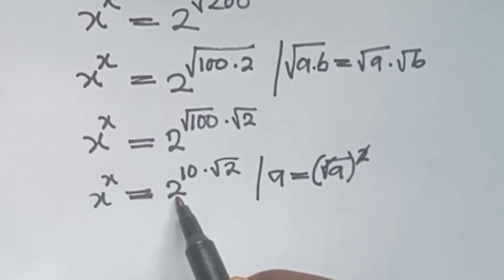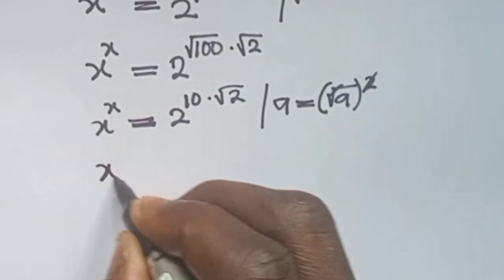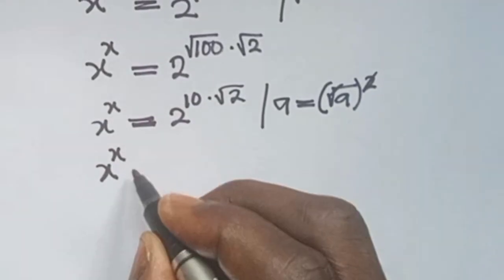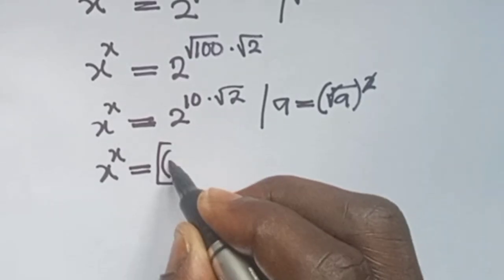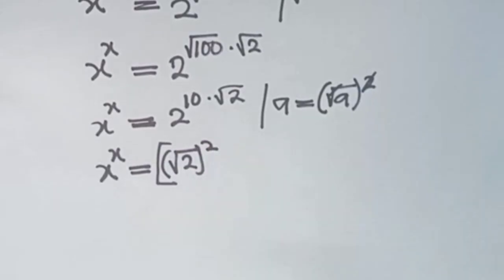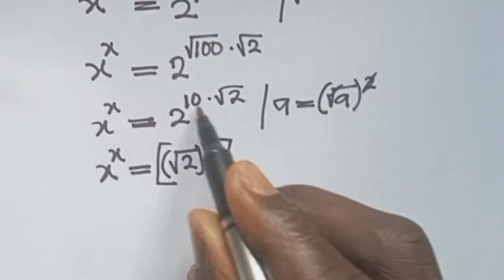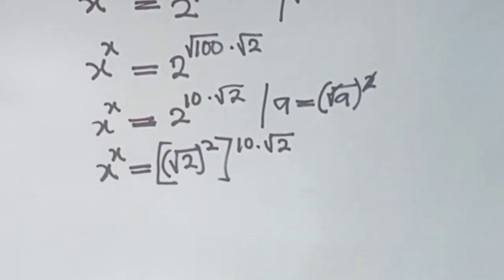So we're going to apply it here. And the next line becomes x to the power of x equals square root of 2 to the power of 2, to the power of 10 times square root of 2.